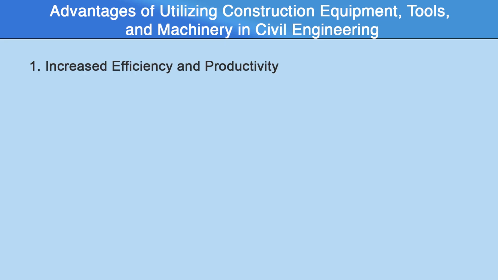These benefits include increased efficiency and productivity. The deployment of machinery such as excavators and bulldozers accelerates earth moving operations, while concrete mixers ensure consistent and rapid mixing of concrete, significantly reducing the time required for construction activities.